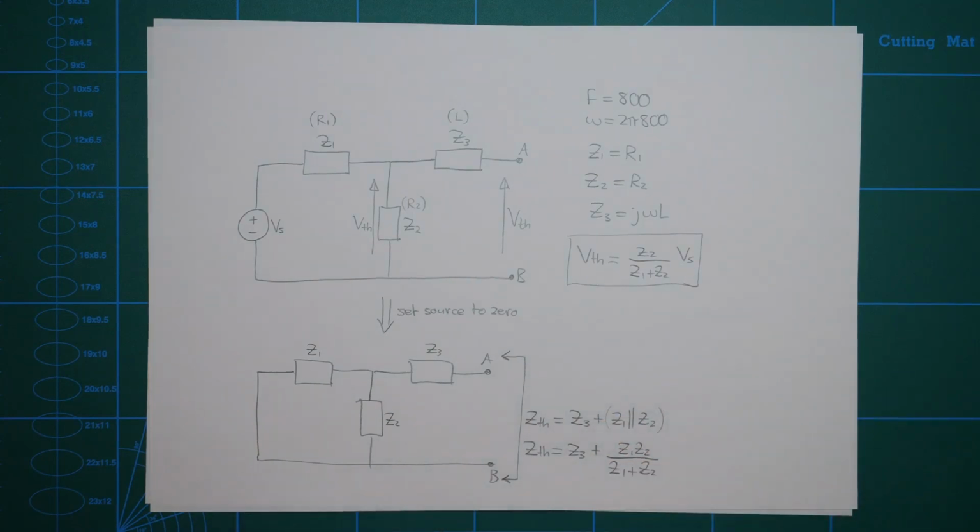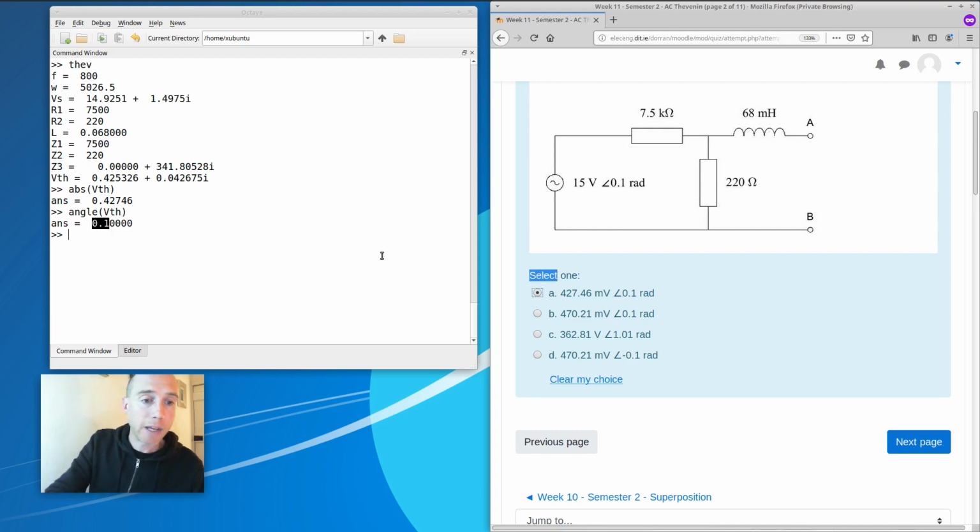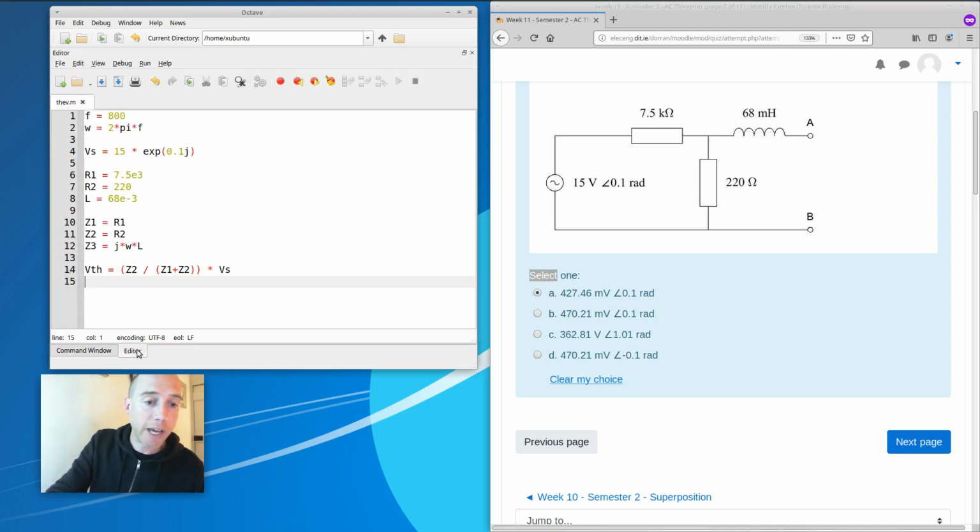So back in Octave, I'm going to switch to the editor and I'm just going to add that bit in at the end. So ZTH is equal to Z3 plus Z1 times Z2 over Z1 plus Z2, product over sum.